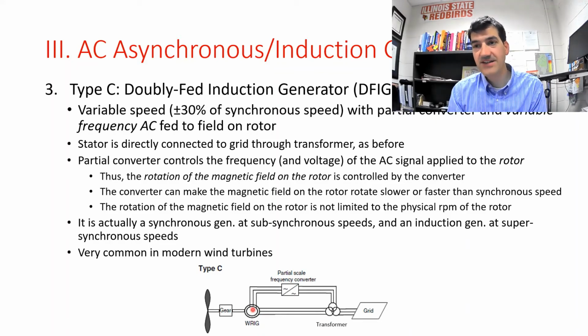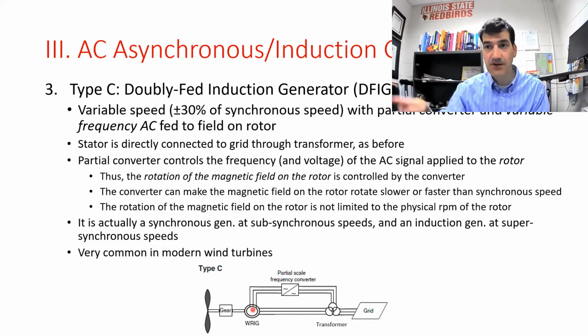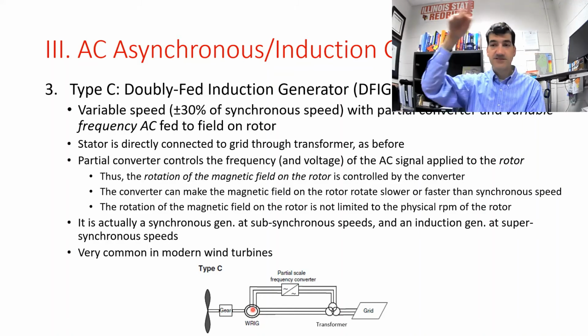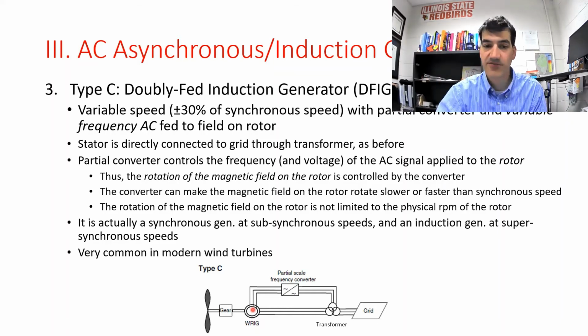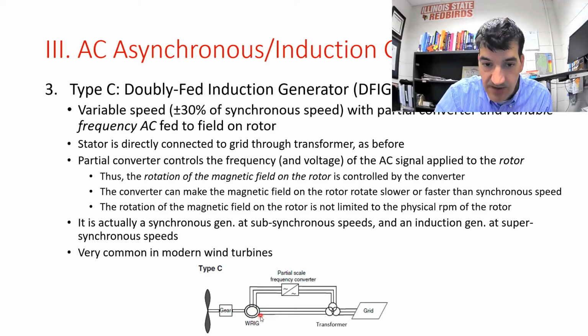So what I've got is a magnetic field that's rotating around on the stator, right? And that speed is fixed. That's the synchronous speed. It's based on the 60 hertz AC that's coming from the electric grid. So my synchronous speed of the magnetic field around the stator is fixed.